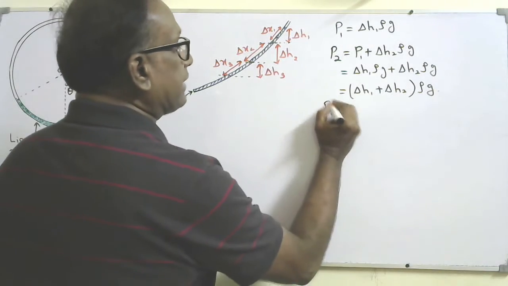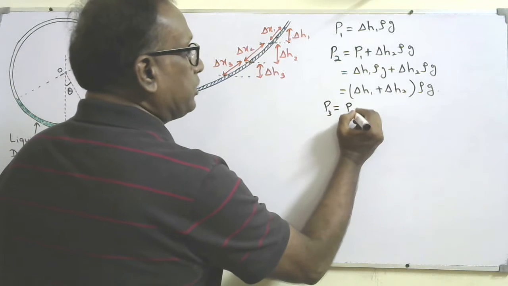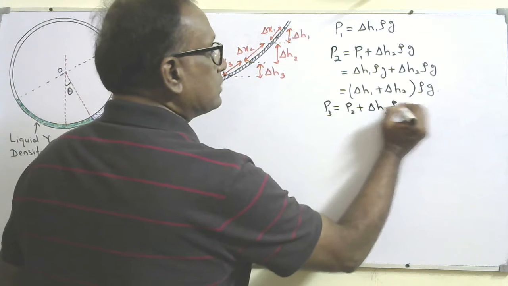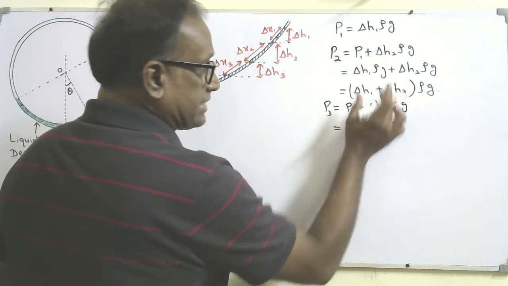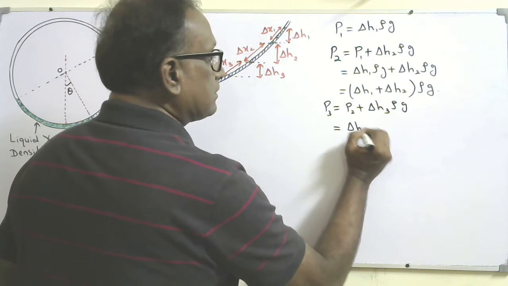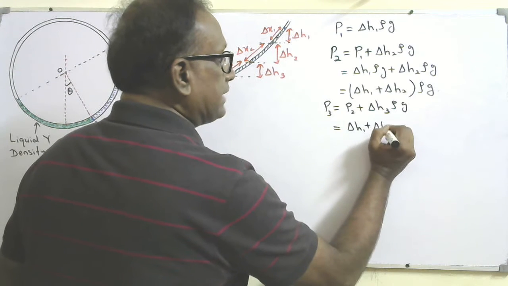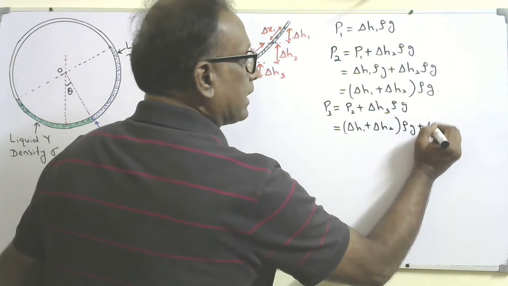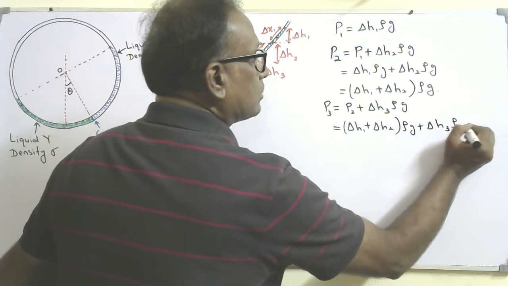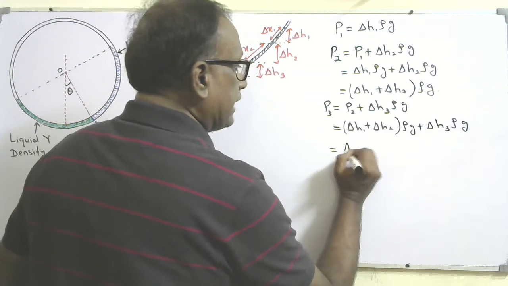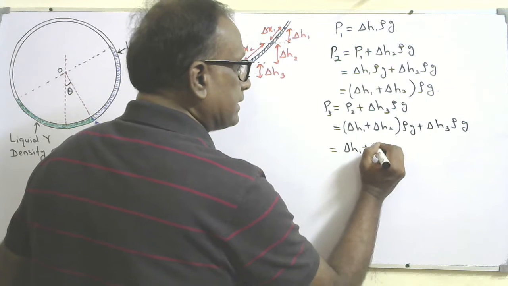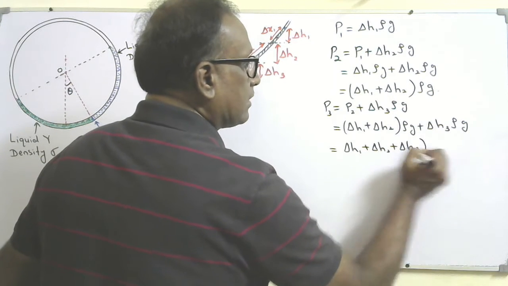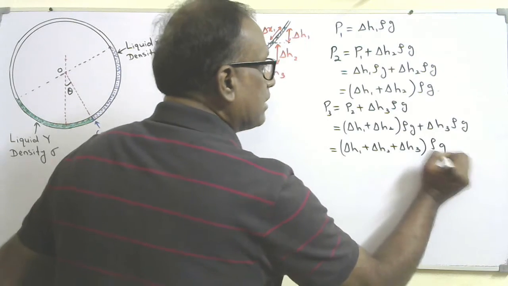P3 will be equal to P2 plus delta H3 rho G. Instead of P2, if I substitute (delta H1 plus delta H2) rho G plus delta H3 rho G, it's going to be (delta H1 plus delta H2 plus delta H3) rho G. What is it?